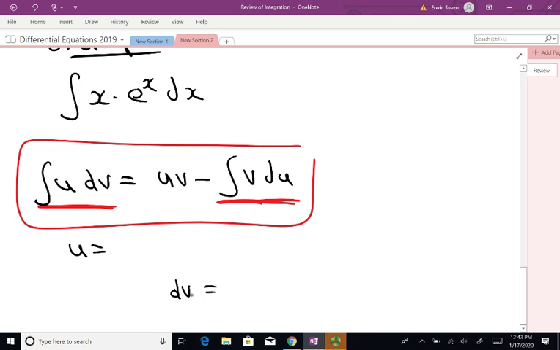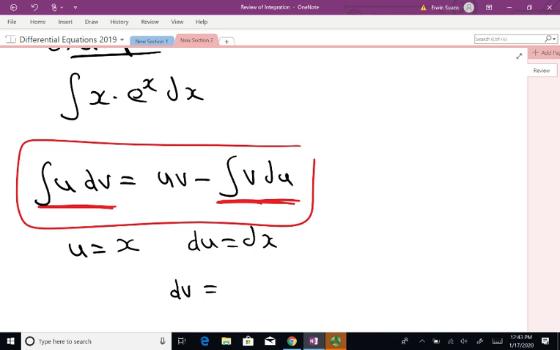Usually you want, let's say you put u equals x. So du will be dx. That's good because it's disappearing. If I put u equals e to the x, then I will get e to the x. It's still there, so it's not helping.